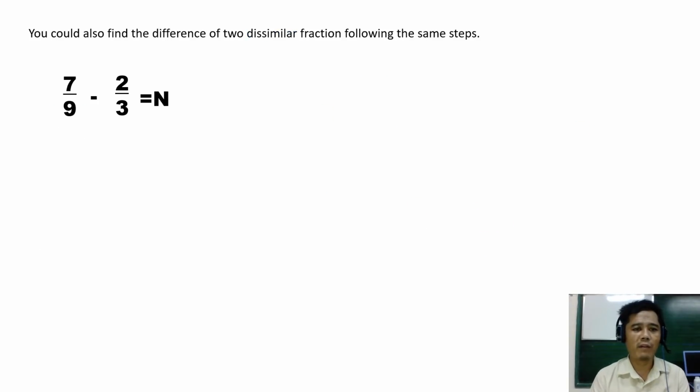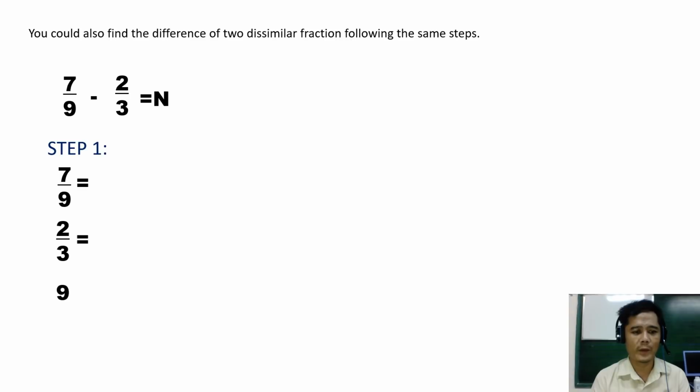So, you could also find the difference of two dissimilar fractions following the same steps. So, susunod lang ulit tayo doon sa mga steps ng addition na diniscuss po natin kanina. So, step 1, find the least common denominator of 7/9 and 2/3.